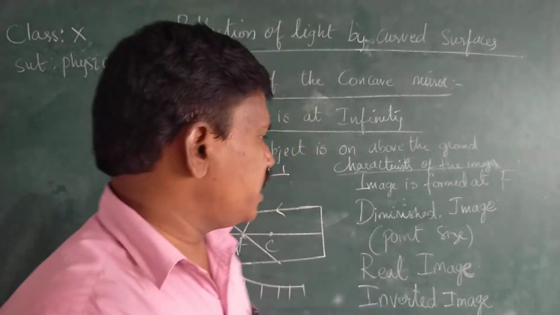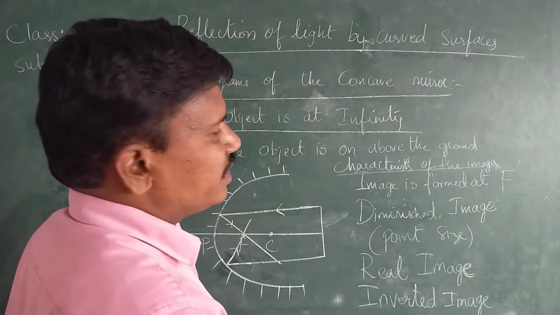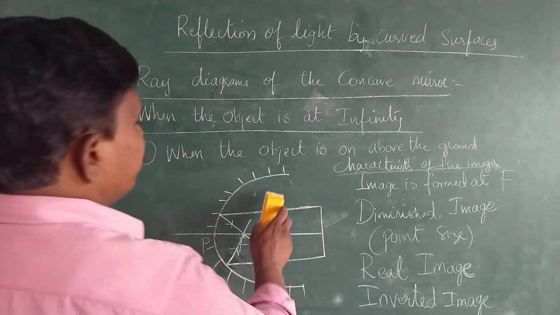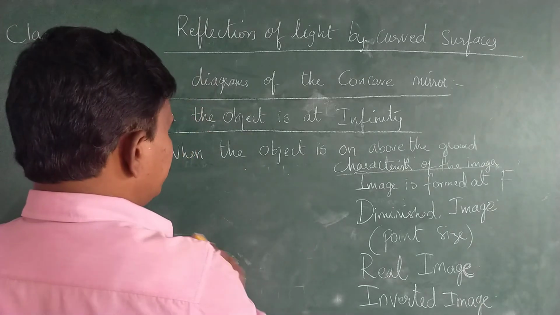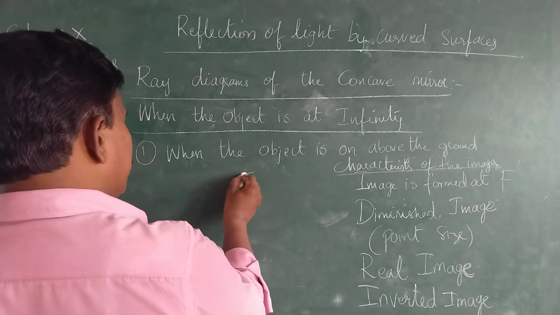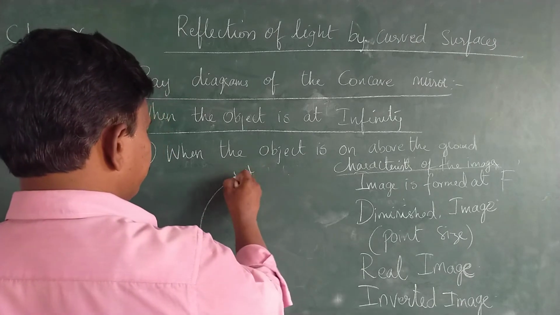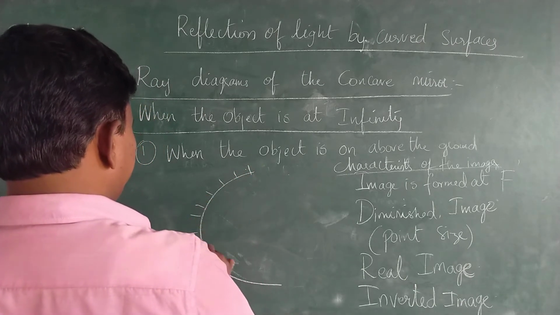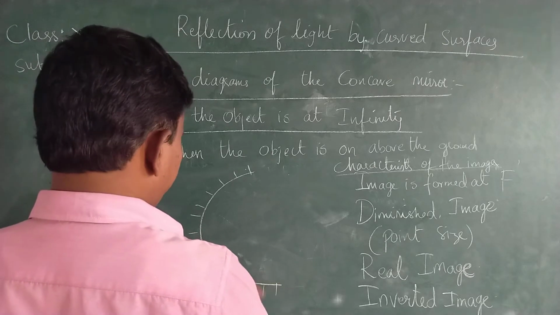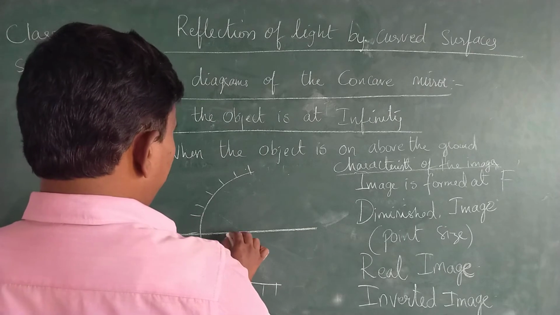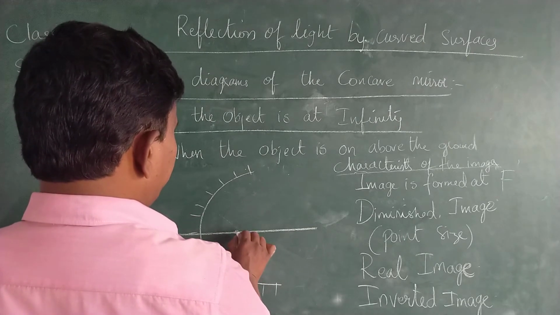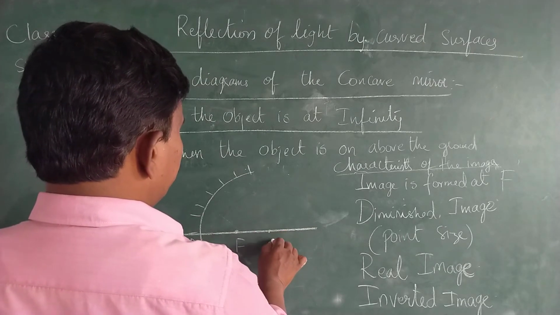Okay, like that. Therefore, here we are taking an object which is at infinity, very far away, but above the ground. Same as this concave mirror: the same principal axis, pole, focal point, and center of curvature.